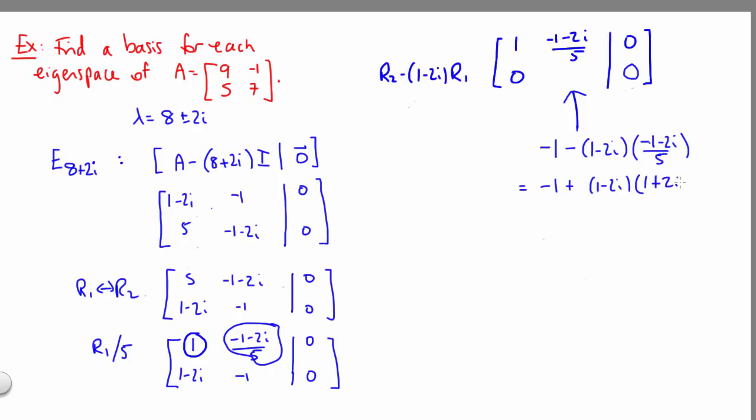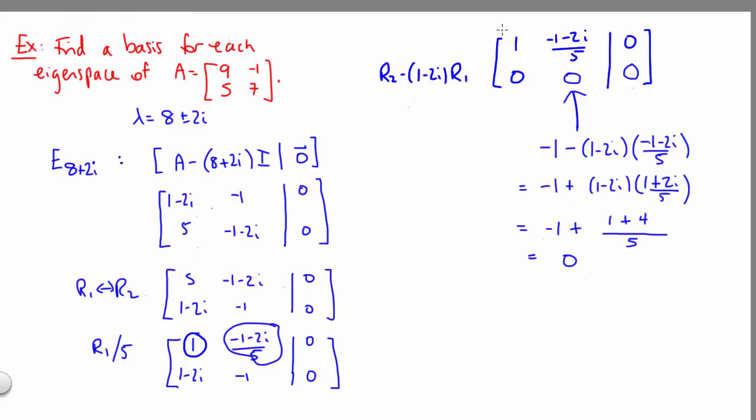We've got 1 plus 2i over 5. So that gives us negative 1 plus, we're going to have an expression all over 5. And as we multiply out the numerators, we've got 1 plus 2i minus 2i. Those cancel, so I'm not going to write those down. And then we'll have a minus 4i squared, which is the same thing as positive 4. So there we go. We've got negative 1 plus 1 equals 0. And there we have our RREF for this matrix.